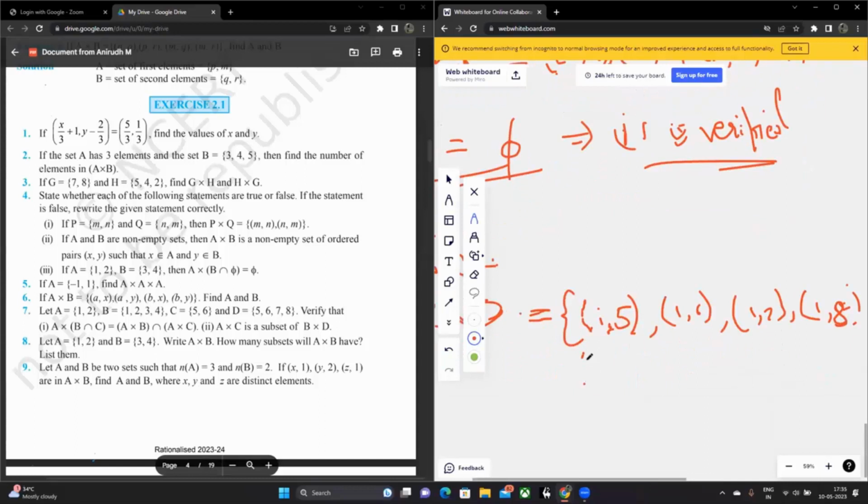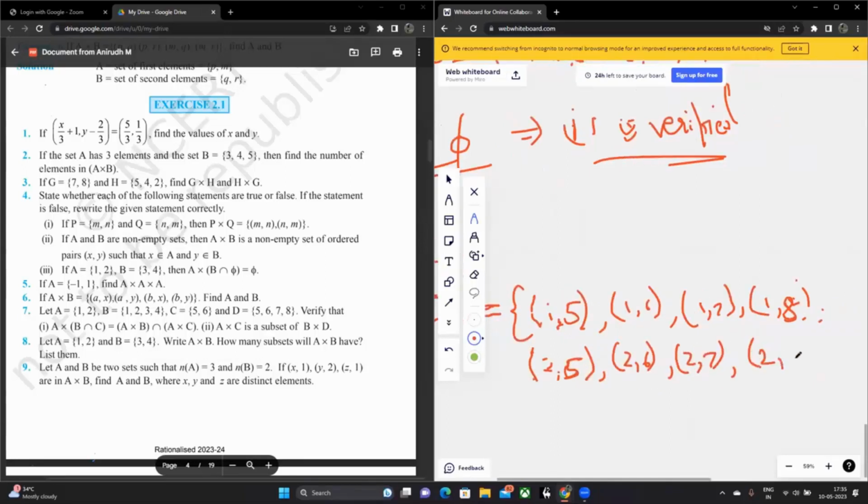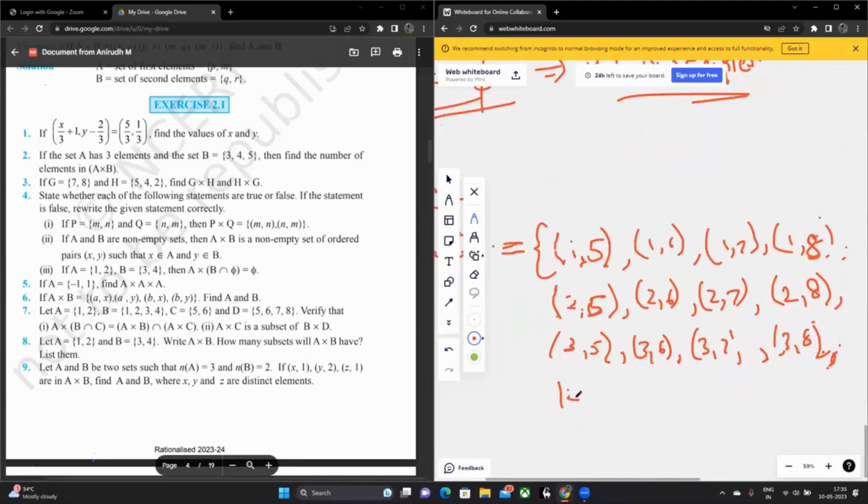Then you have the same for (2,5), (2,6), (2,7), (2,8), and the same for 3, and for 4: (4,5), (4,6), (4,7), (4,8).